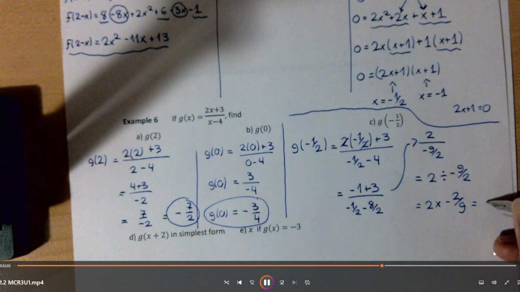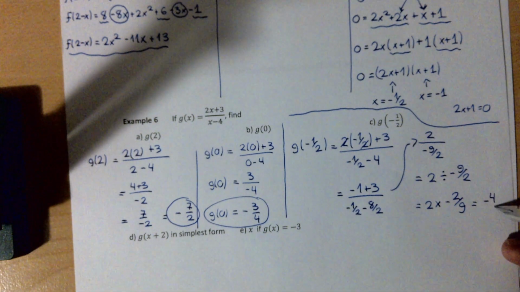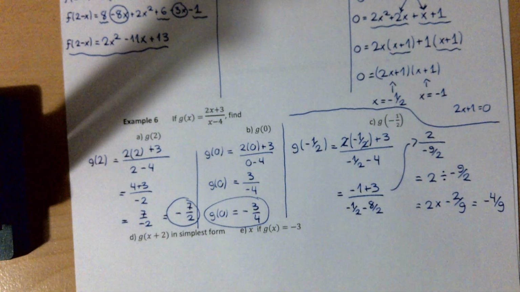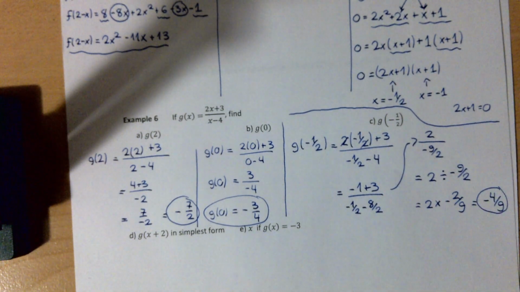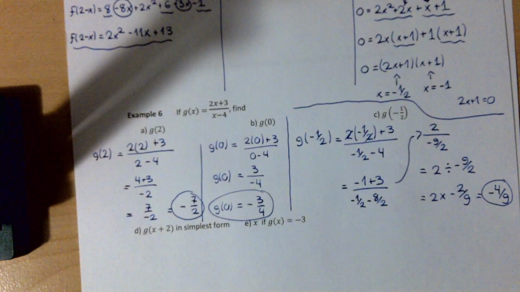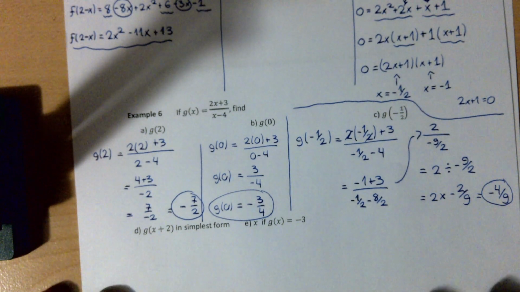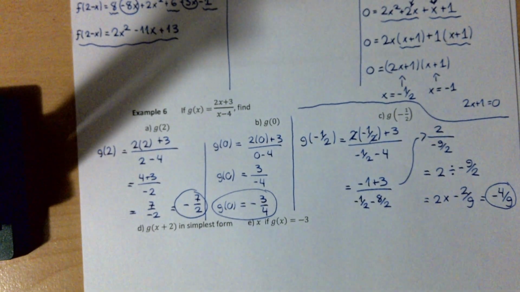And then we'll get an answer of minus 4 over 9. Okay. So again, pause the video, double check your work, double check my work as well, maybe, because I can make mistakes too. And then, when you're ready, move on to the next question.